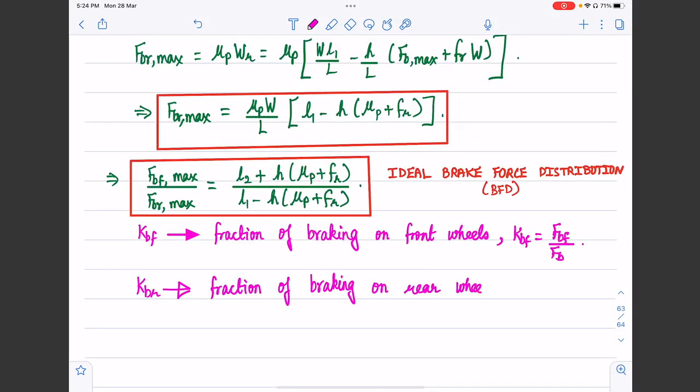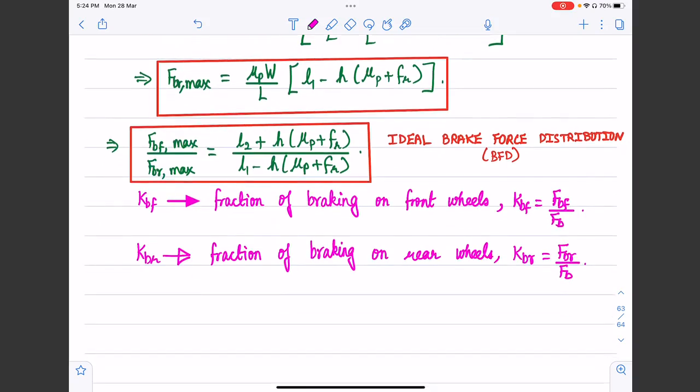So KBR is going to be equal to FBR divided by FB. And one immediate thing which we can see is that KBF plus KBR becomes equal to 1.